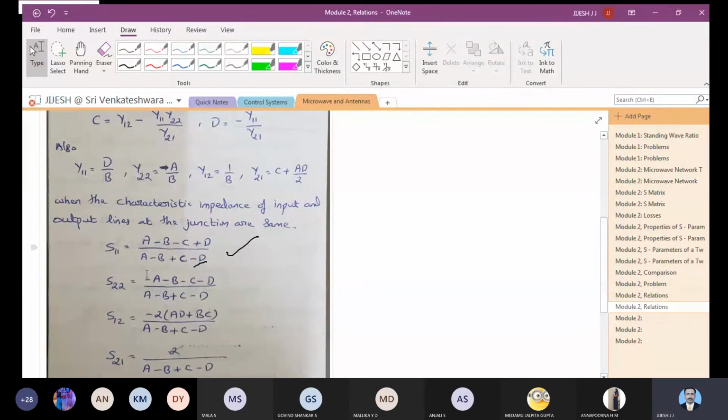S22 will be written as minus A plus B minus C plus D, and the denominator is A plus B plus C plus D.